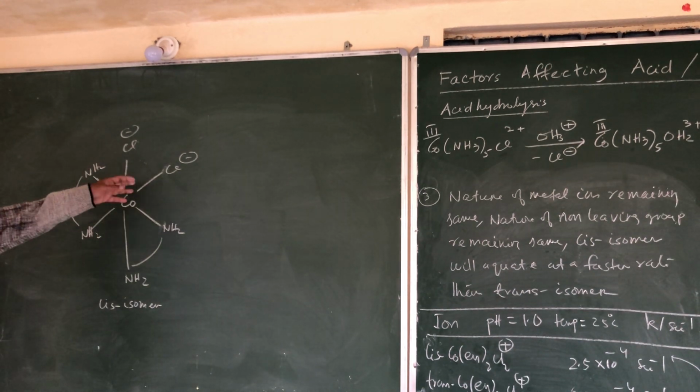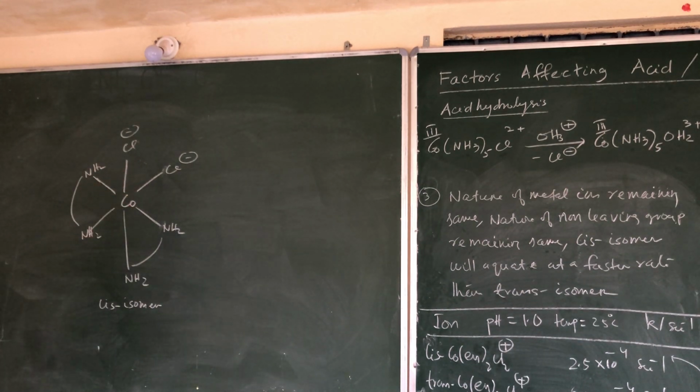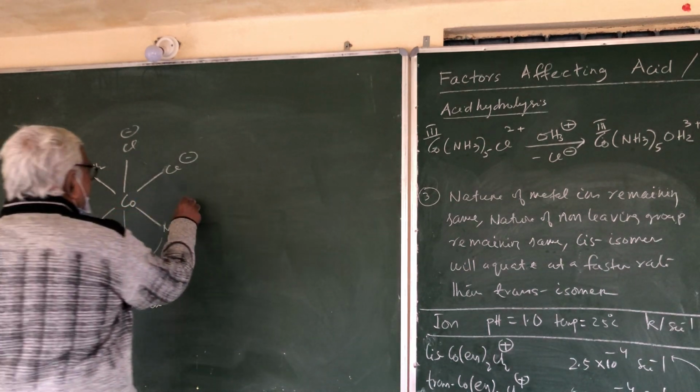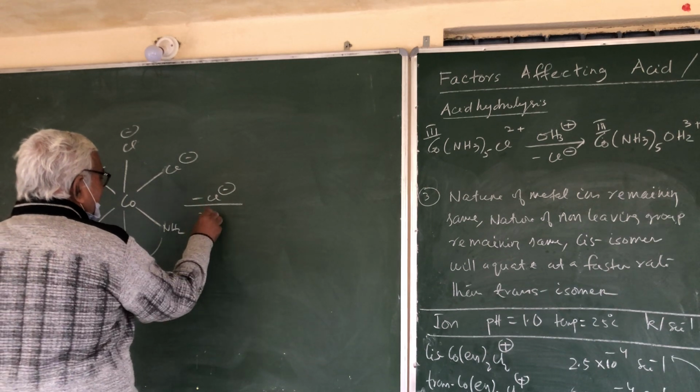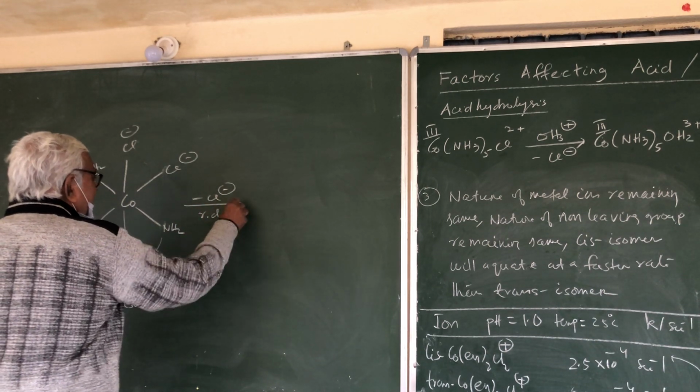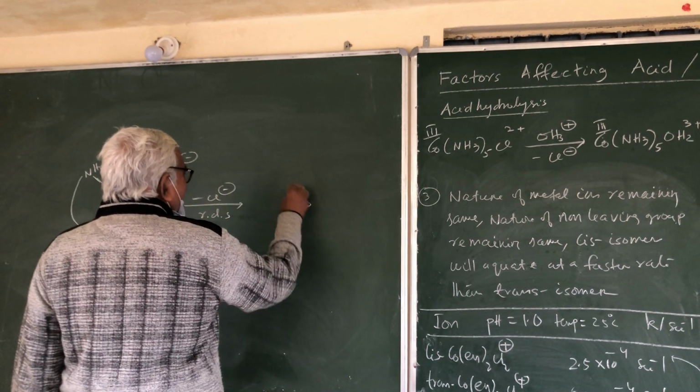During the activation reaction, at the rate determining step, if the leaving group is lost, then what do you get?